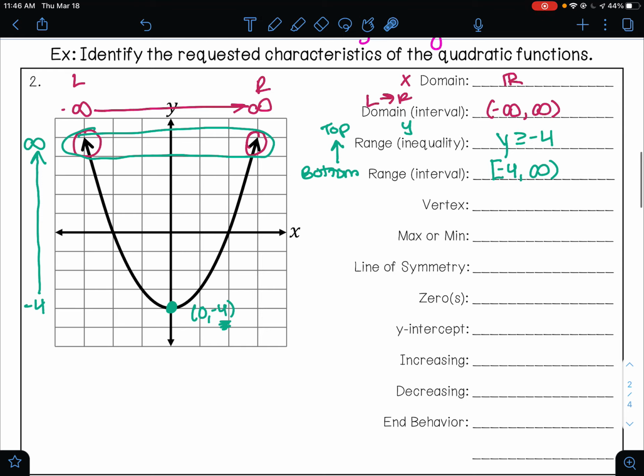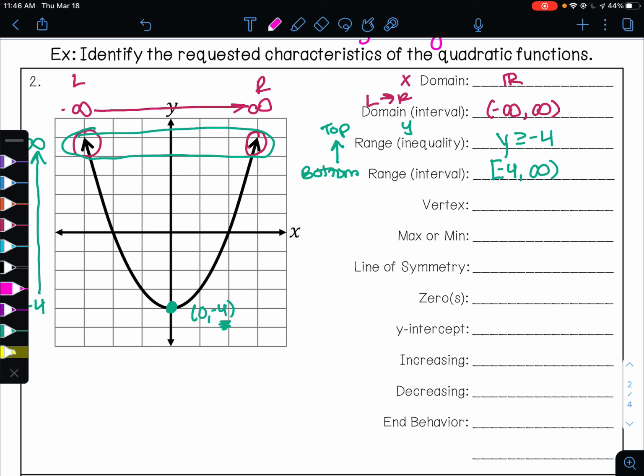And that is because -4 is a minimum value and everything else is higher than -4. So on this side, everything is greater than -4, and on this side, everything is greater than -4. It's equal to because we have that bracket, because -4 is included.